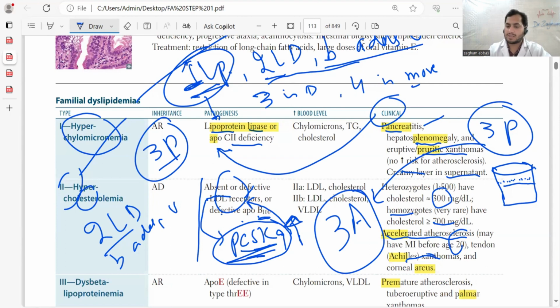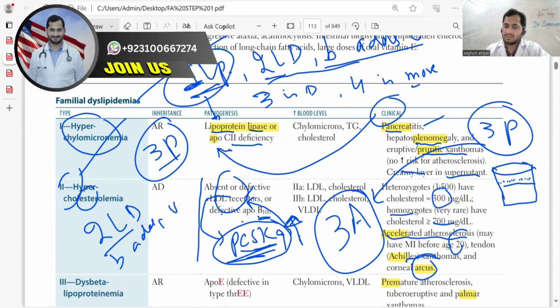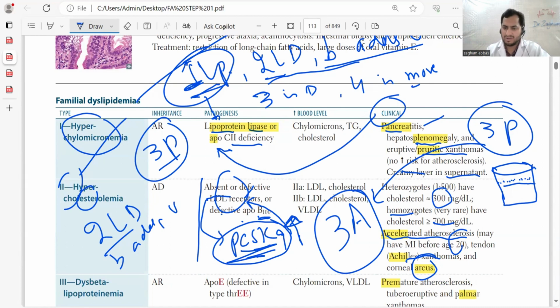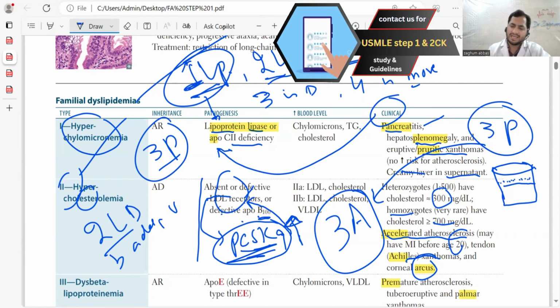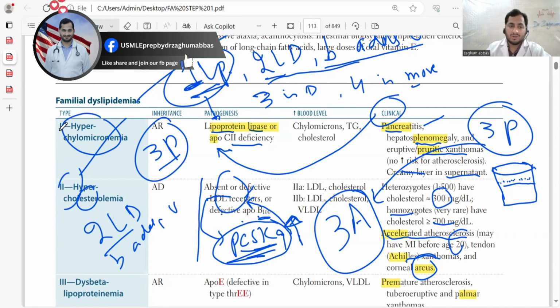The third A is arcus, also called corneal arcus. Always differentiate: there is also age-related deposition of fat in the eye, which is a different type of deposition, but here it is corneal arcus. You have to differentiate between age-related fat deposition and this disease-related fat deposition. So we have covered the mnemonic 3A. I'm giving you 2 or 3 seconds to memorize this. Then we move forward.